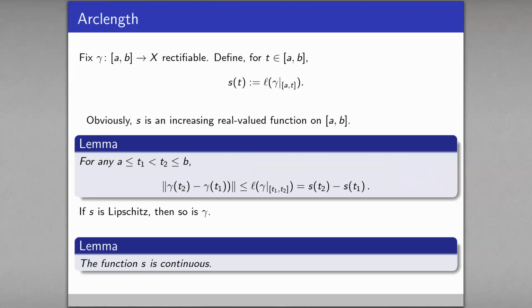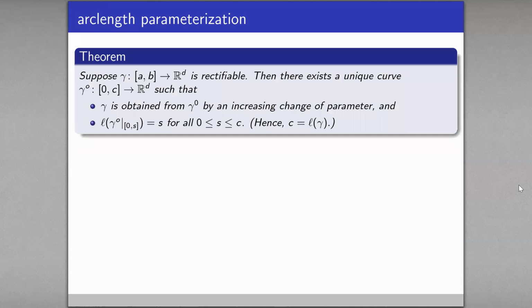Remember, our curves are by definition assumed to be continuous. So two important facts about this arc length function: s at t, the length of the curve until point t.